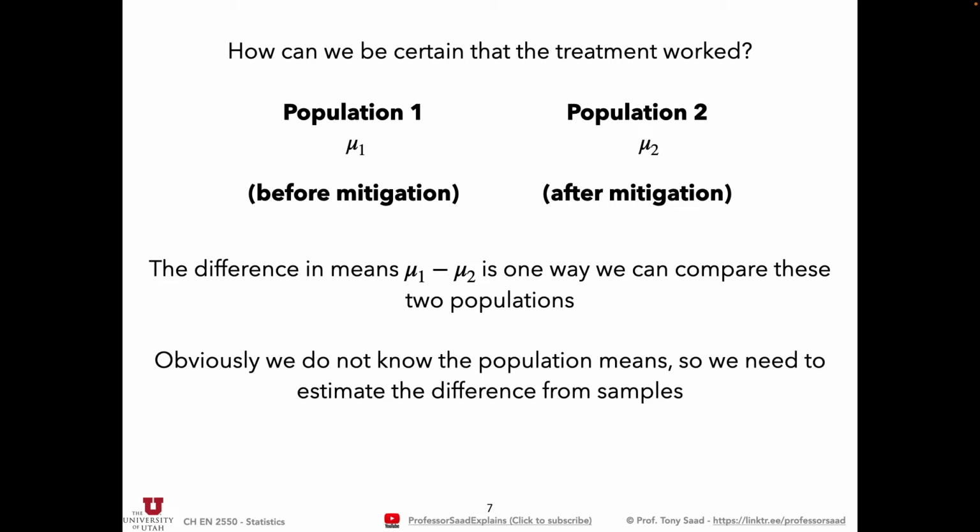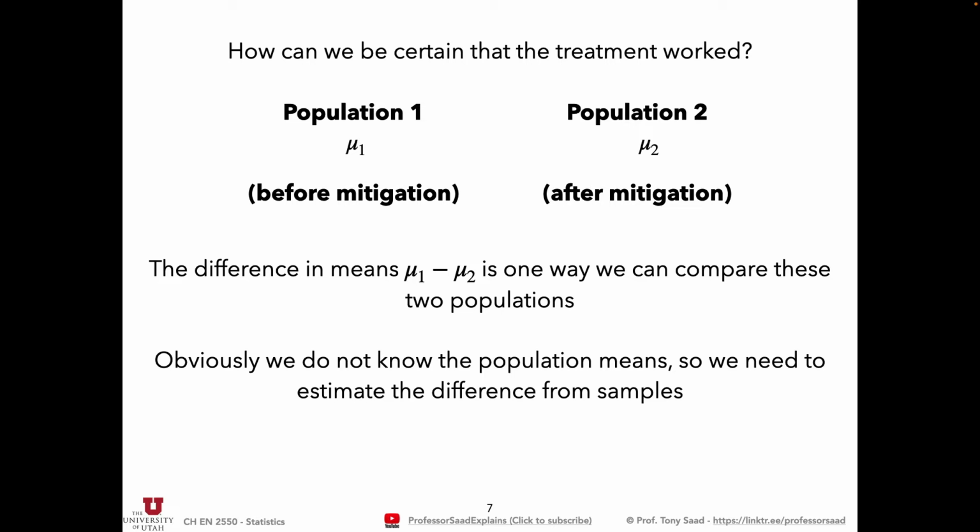So obviously the difference between the two populations, mu1 and mu2, is one way we can compare these populations, right? If mu1 minus mu2 is a small number, it means I made no difference, because mu2 remained as close to mu1 as it can.